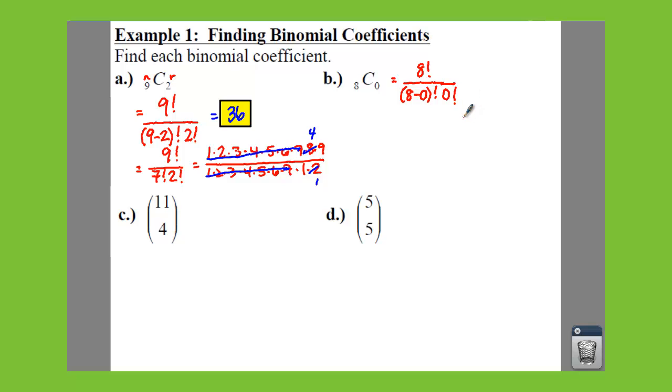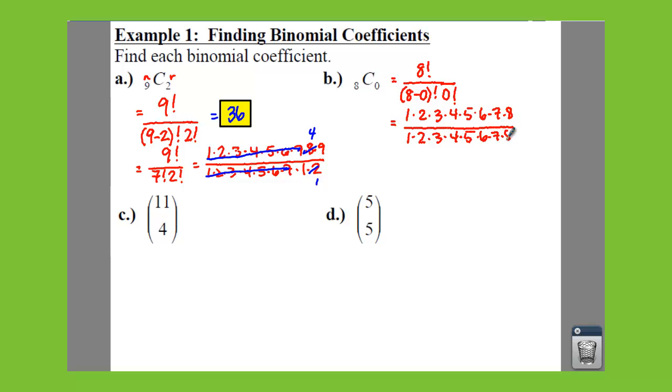Yeah, you there in the back. It means 1. That's right, Sam. Good job. So we take 8 factorial on top, which is 8 times 2, 3, 4, 5, 6, 7, 8. And on the bottom, 8 minus 0 factorial is just 8 factorial, so you have to multiply all those.